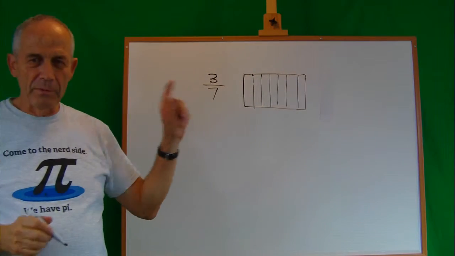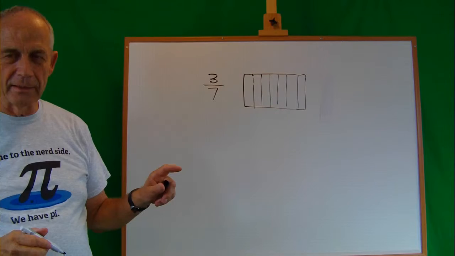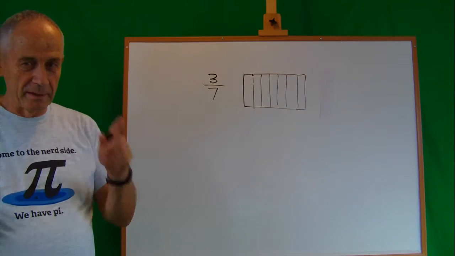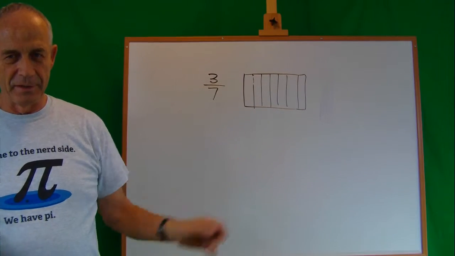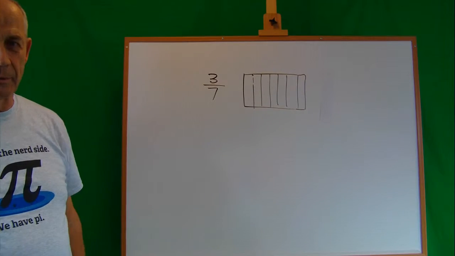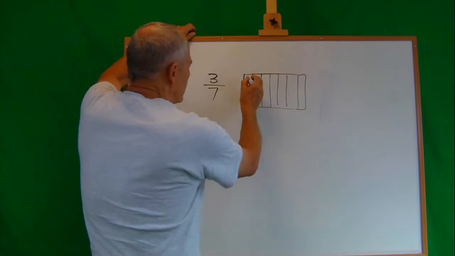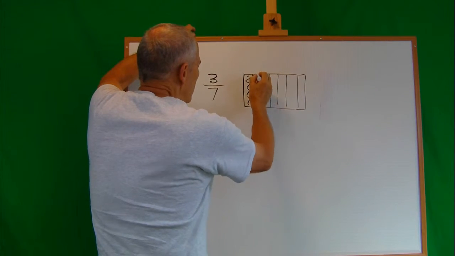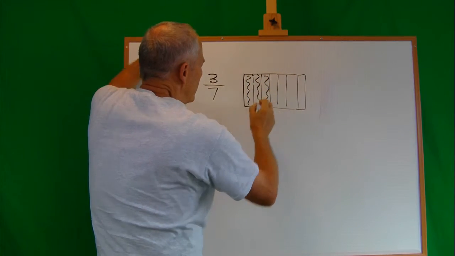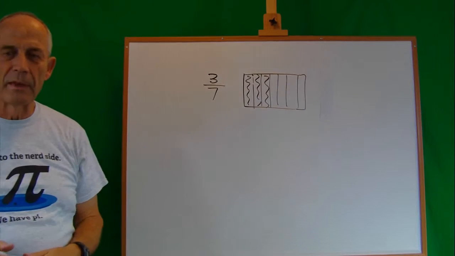Okay, now what we've got here is a rectangle with 7 equal pieces, and this is where you've got to use your imagination. They're obviously not equal, but we're assuming that they're equal. And if we're talking about 3/7, we're talking about those.